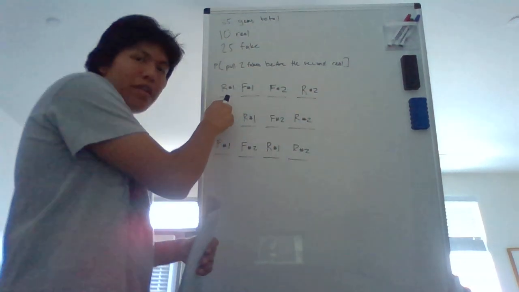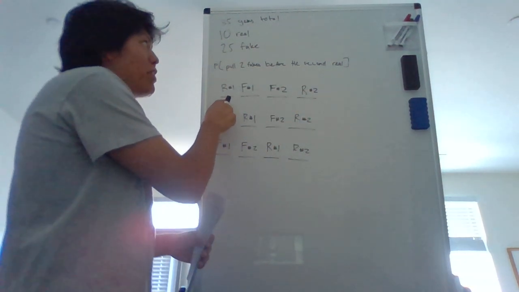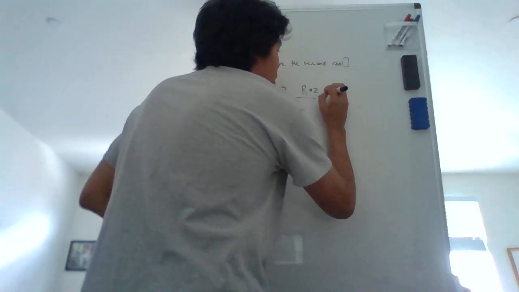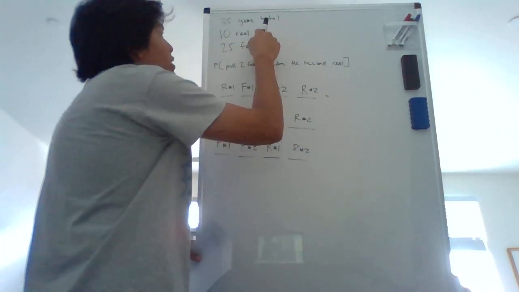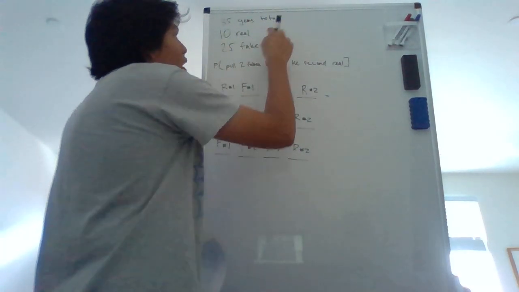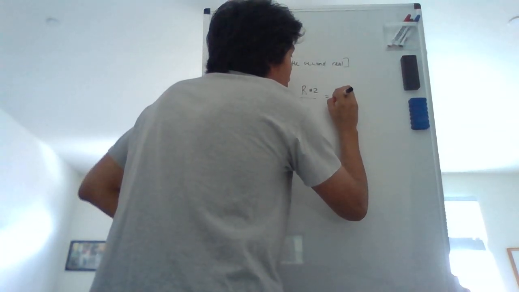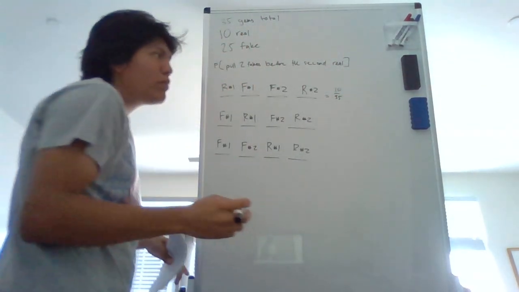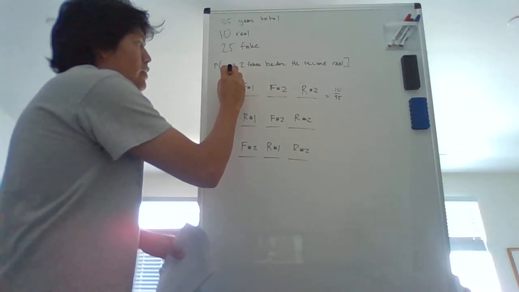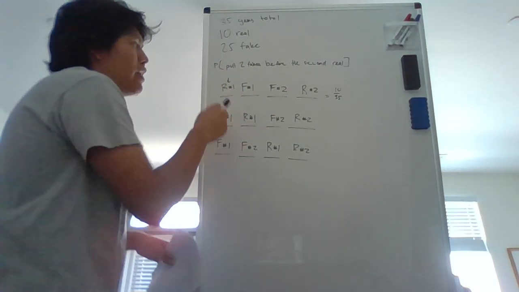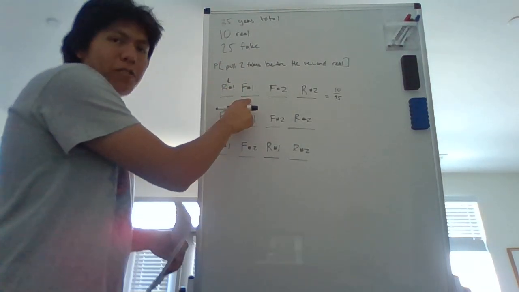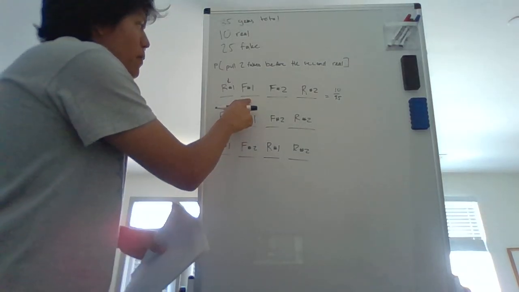What's the probability that we pull out a real gem from the box? Well, since there are 10 real and 35 total, that would be 10 over 35. And that's just for this first real gem. That's followed by our first fake gem.